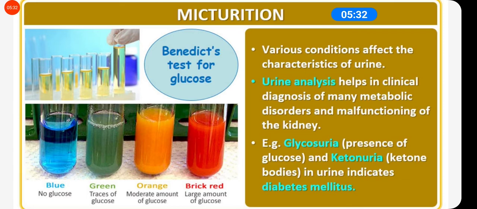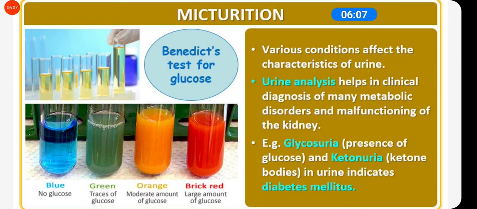Glucosuria: a very small amount, near 0.8 millimole of glucose, may be present in urine. Excess glucose in the urine is called glycosuria. And if ketone bodies are present in the urine, it is called ketonuria. You know that if the amount of sugar in the urine is high, the disease is called diabetes mellitus.